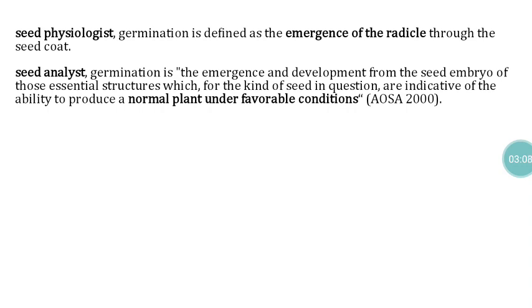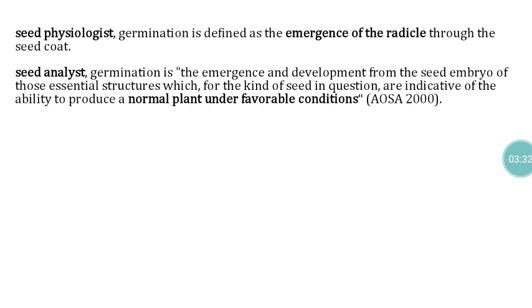But from the seed analyst's or seed technologist's point of view, they are very much concerned about the resultant seedlings, that is, production of a normal plant under favorable conditions.